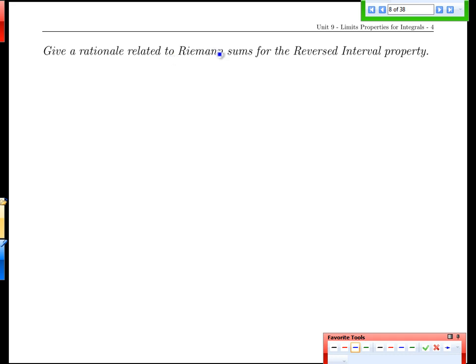It's also not too hard to give a Riemann sum. Remember the sums of f's times delta x's for this property here. If we're integrating from a up to b, then our delta x's are positive. We're taking little segments, adding them, and each segment is directed from left to right. However, if we go the other direction, and this is our integral from b to a, we're implicitly heading down this way, well then each step that we take is a little delta x.